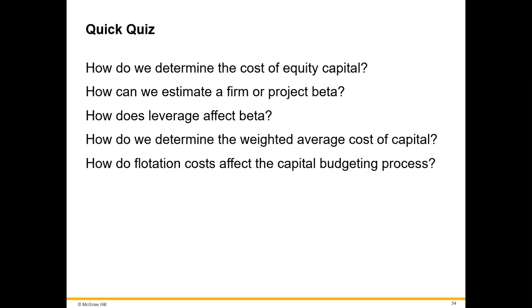But in our weighted average cost of capital problems, we focused on cost of equity and cost of debt, and how we would determine overall our weighted average cost of capital based on what percentage of the project is being financed with debt, what part is being financed with equity, and their required rate of returns. Okay, then we factored in our flotation costs, and that brings us to the end of the chapter.